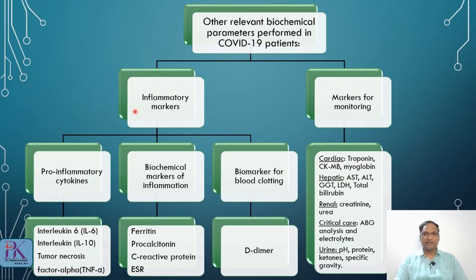Now remember what are inflammatory markers? Whenever there is a COVID-19 infection, there is a hyperimmune response or abnormal immune response from the body, so that creates a hyper-inflammatory response. During that response, several parameters increase in the body.